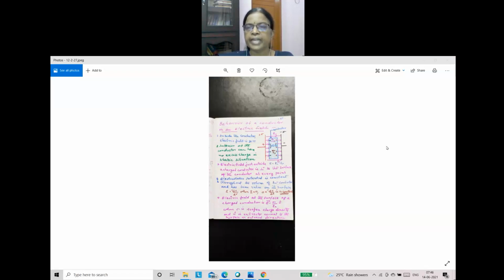Protecting a device. For example, if some device gets damaged due to an external field, that device is to be protected from the external field.